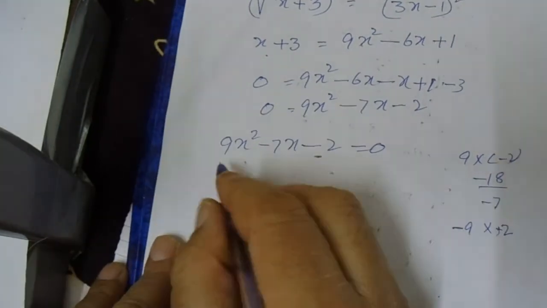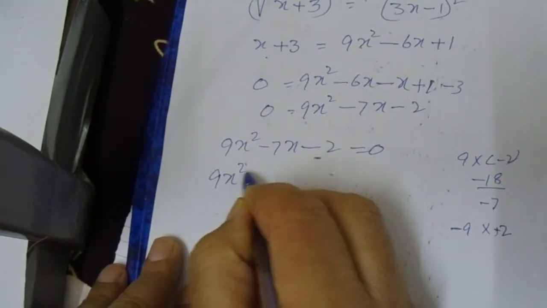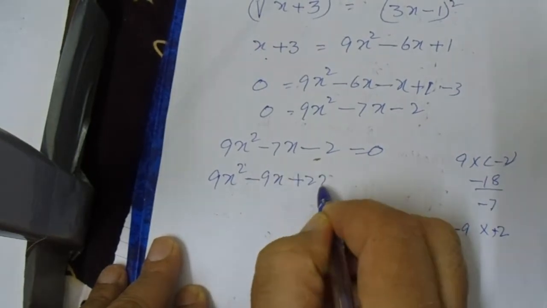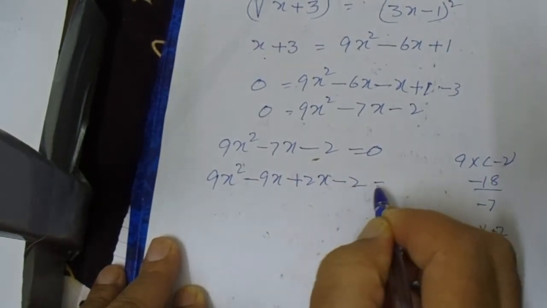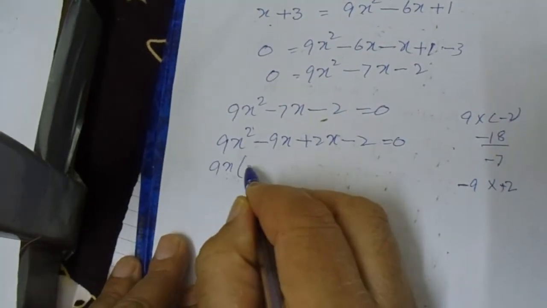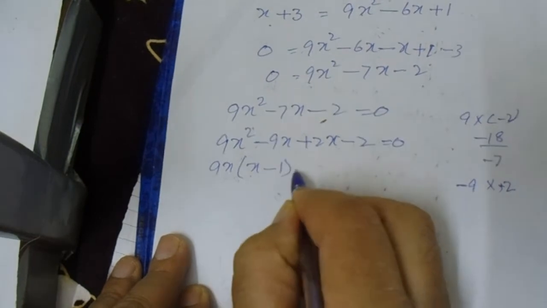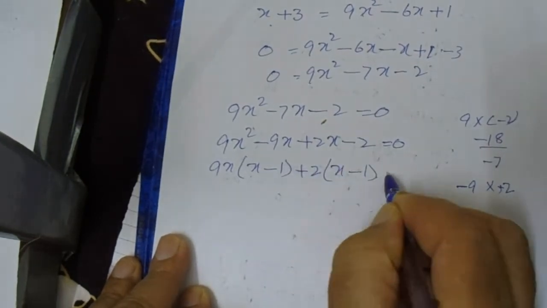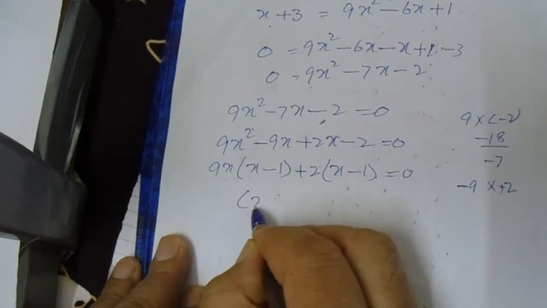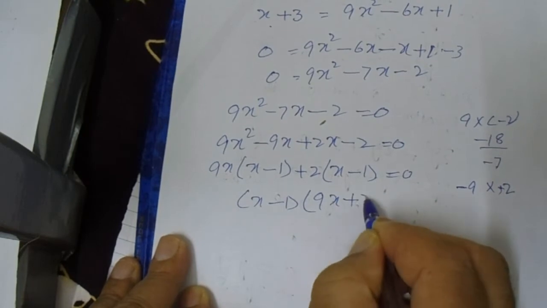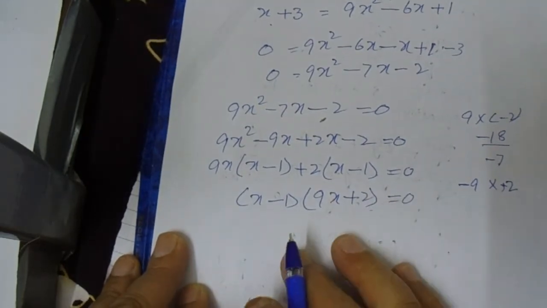We write the factor here 9x square minus 9x plus 2x minus 2 is equal to 0. Now take common 9x from this, x minus 1 and plus 2 common here, and x minus 1 is equal to 0. x minus 1 and 9x plus 2 is equal to 0 here.